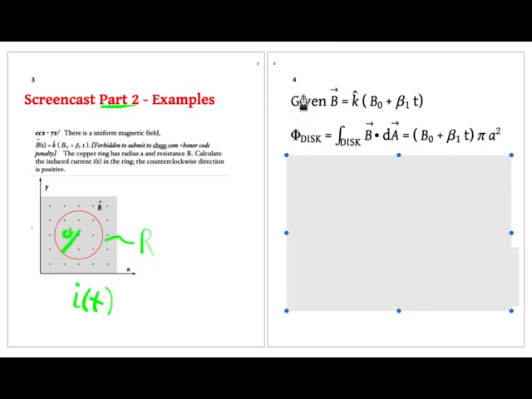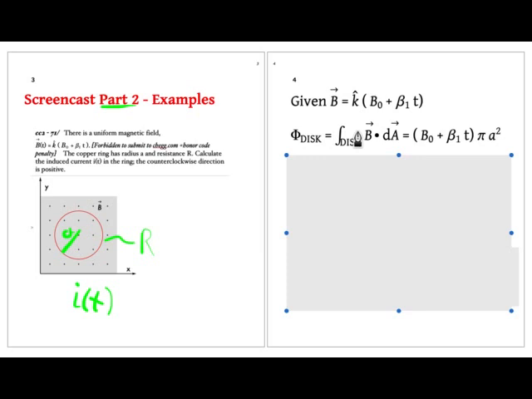We're going to say that the EMF, or the voltage around the ring, is equal to the rate of decrease of the magnetic flux. So let's calculate the flux.